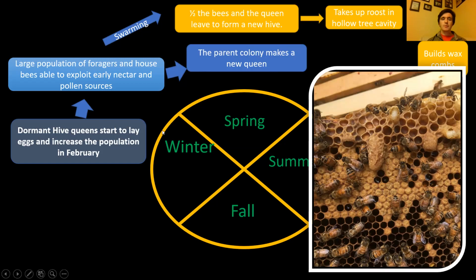So I want to talk about what would happen if they're left up to their own demise versus what would happen when we manage them. When they're left up to their own wishes, the other half is what's termed the parent colony.